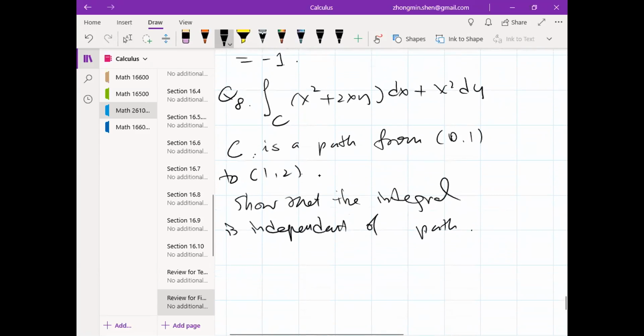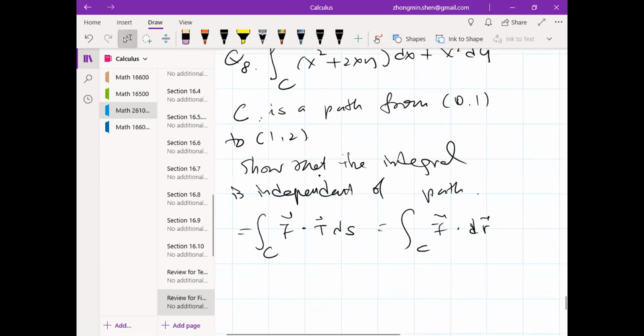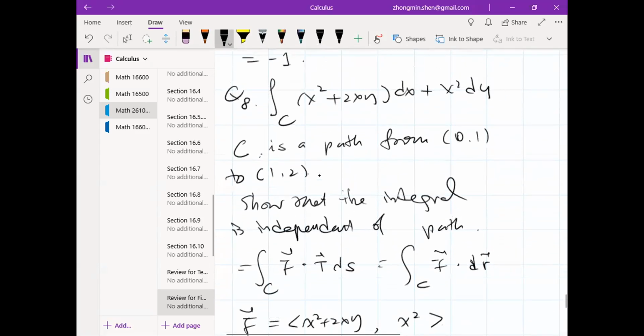Okay, so in order to prove that, you have to show this is going to be a conservative vector field. This is a line integral of F dot T ds, or another notation if you already know the parameterization. And F is going to be the vector x squared plus 2xy, and x squared.